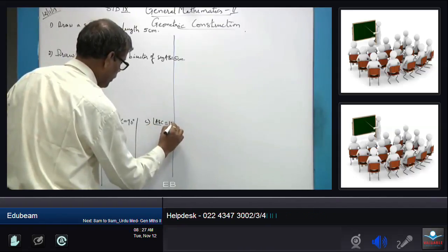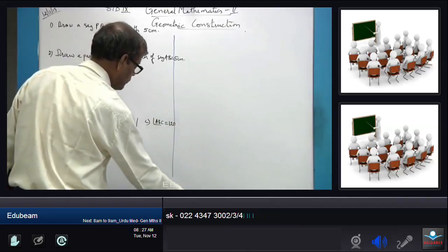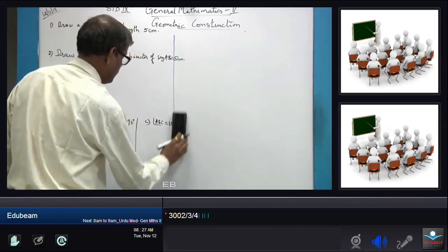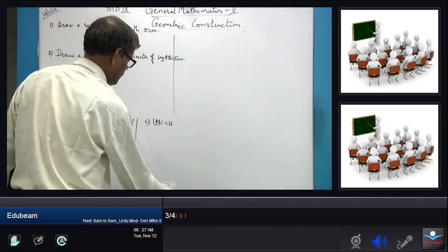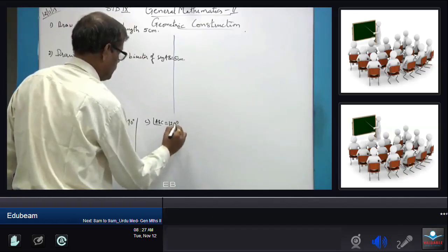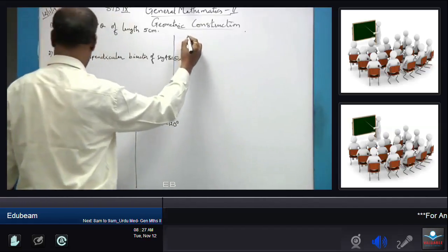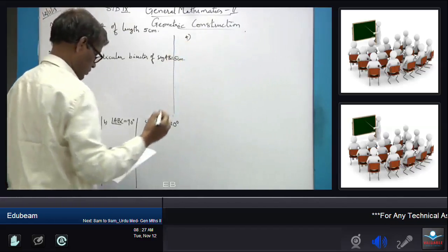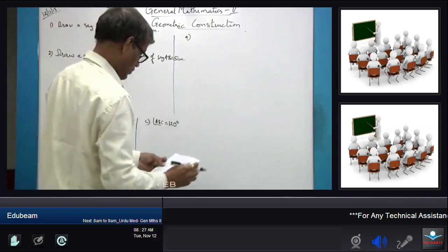A segment is a part of a line which measures 5 centimeters. It does not have an arrowhead.